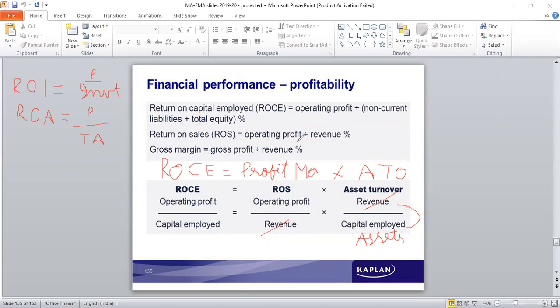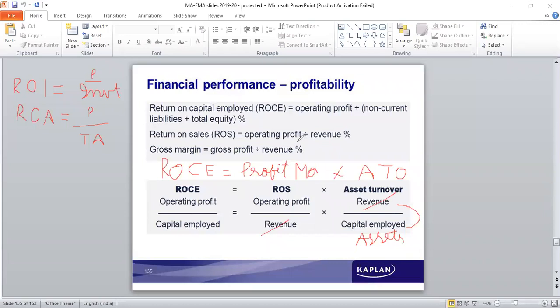So basically we have the same value, but by going deeper we can further investigate the reason for a higher or lower ROCE, and interpret better when it is split into two parts: the profit margin into asset turnover ratio. That gives us better insight.